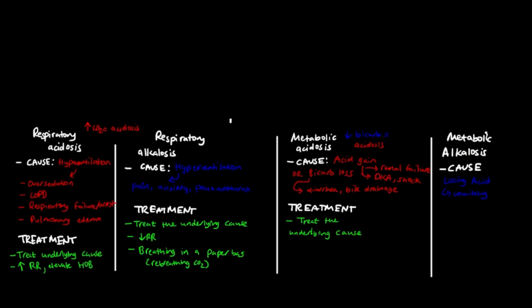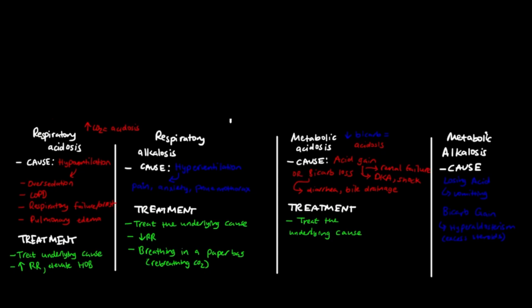Alternatively, gaining too much bicarb can cause metabolic alkalosis. And this can be due to things such as hyperaldosteronism, where you have excess steroids in the body.